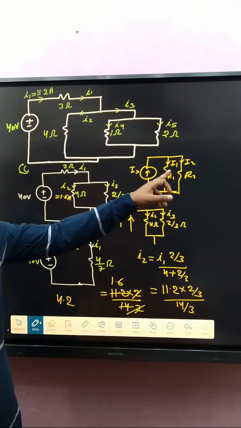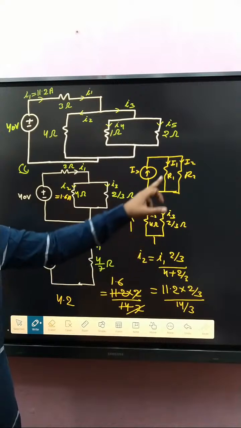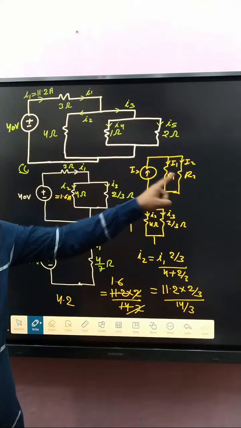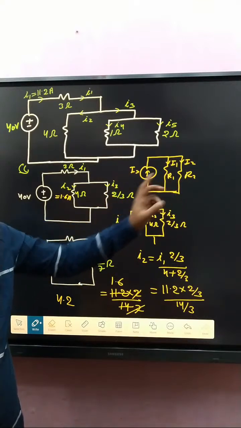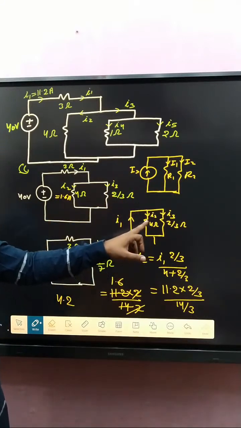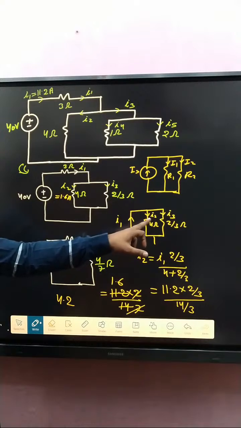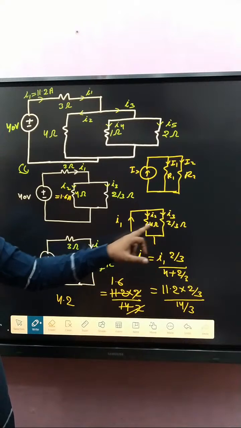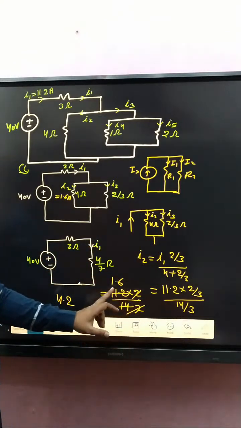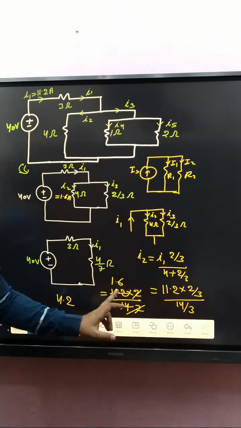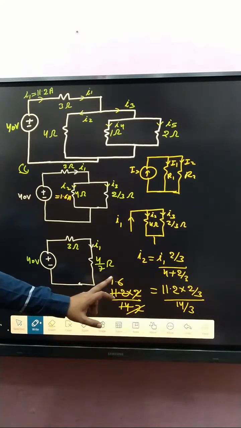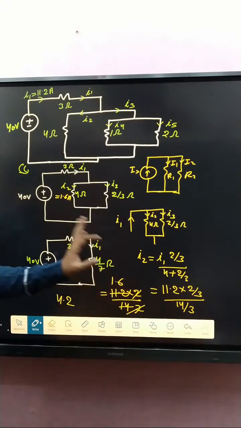If we determine I2 current, I2 means I1 into 2 by 3 divided by the sum of these two resistances. Then we got 1.6 ampere. Clear or not? This is the I2 current.